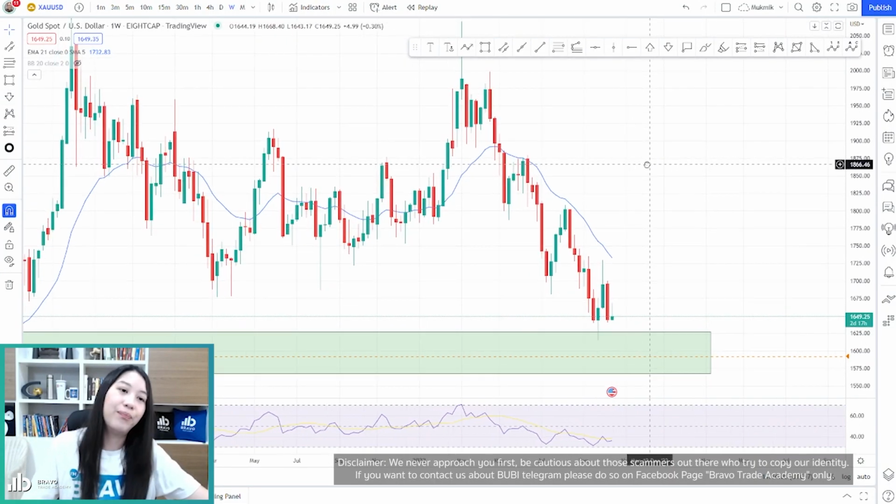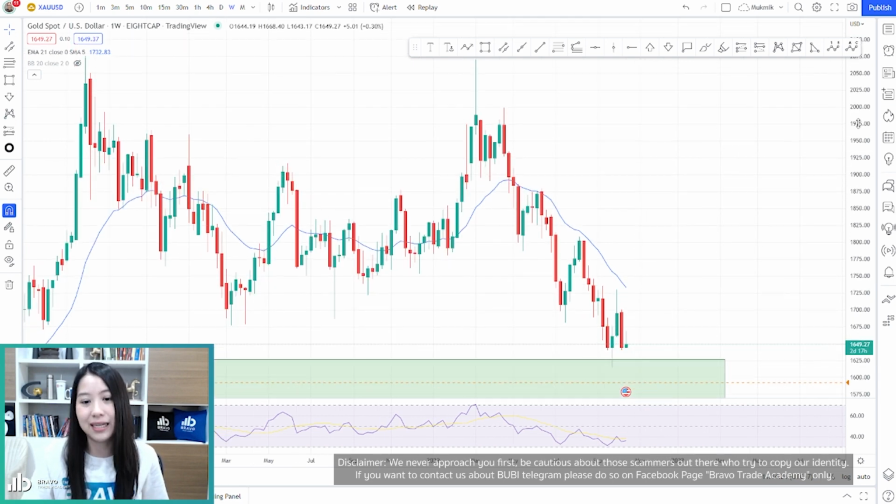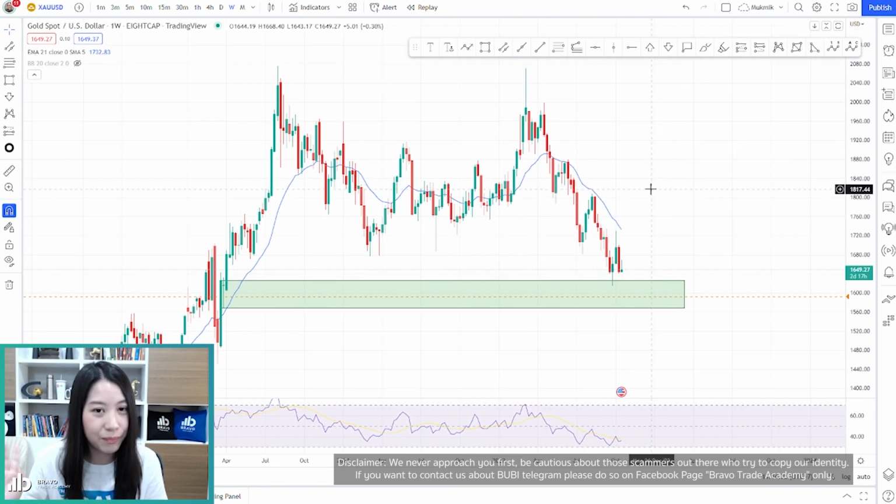Here we go. This is the weekly time frame, and the reason I need to start with the weekly time frame again is because I think yesterday I haven't explained some of the points here, so I will do it in this video. In this weekly time frame, if you remember, we have our demand zone here, which is a rally base rally, but the trend is a downtrend.